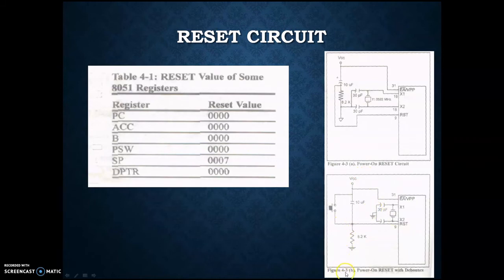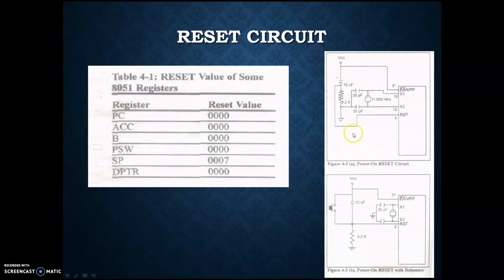Now, figure number 4.3b, it is clearly seen that the RST pin, that is pin number 9, is connected to an 8.2 kilo ohm resistor to ground, and another part of this joint is connected to plus VCC via a 10 microfarad capacitor, and in addition, in parallel with the 10 microfarad capacitor, there is a switch.